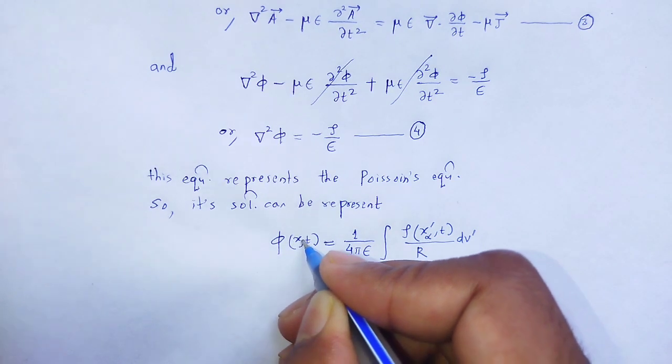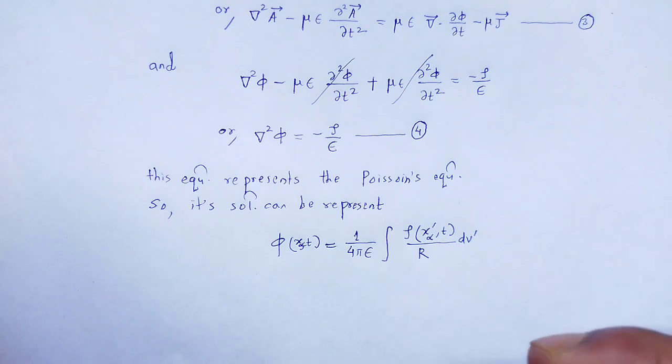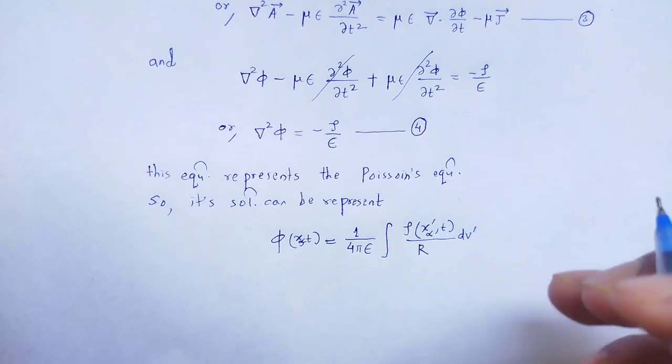Phi as a function of x alpha, t. What are these terms indicating?